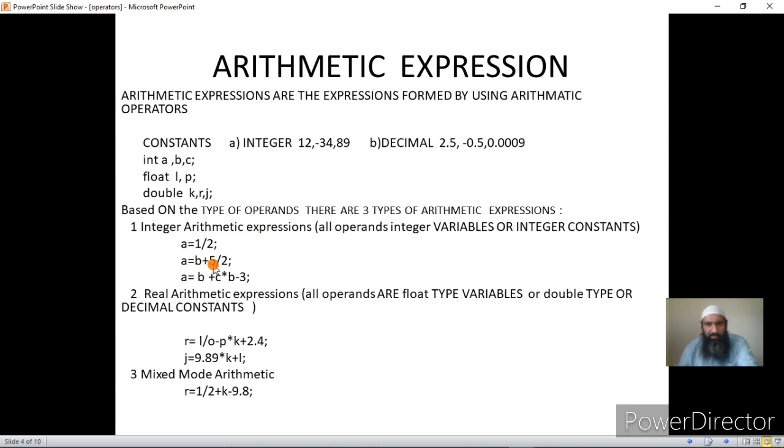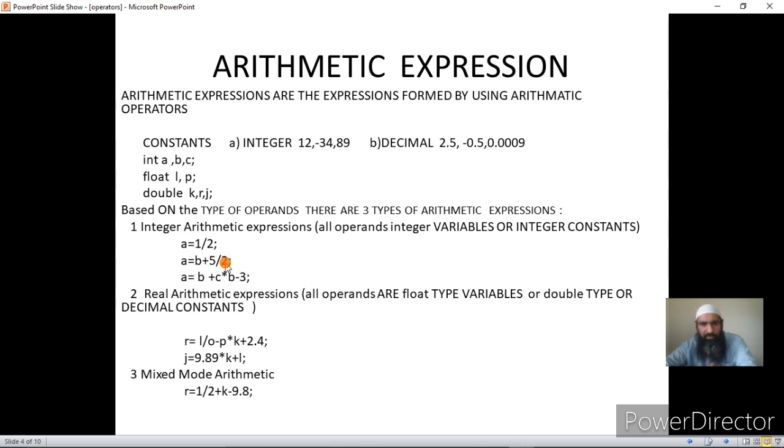Now let us see this expression, that is b plus 5 divided by 2. 2 is an integer, 5 is an integer constant, and b is a variable of type integer because I have declared b as integer. Therefore this is an integer arithmetic expression. So in order to confirm whether the expression is an integer or not, you should check two things. First is the constants that are involved in the expression.